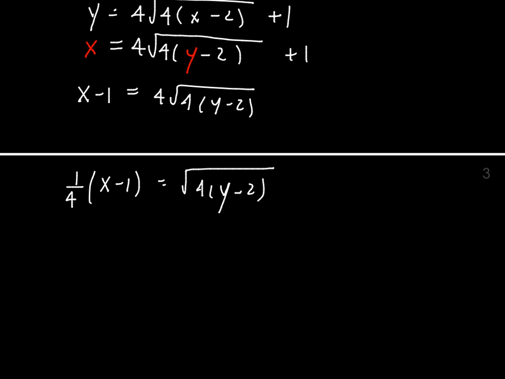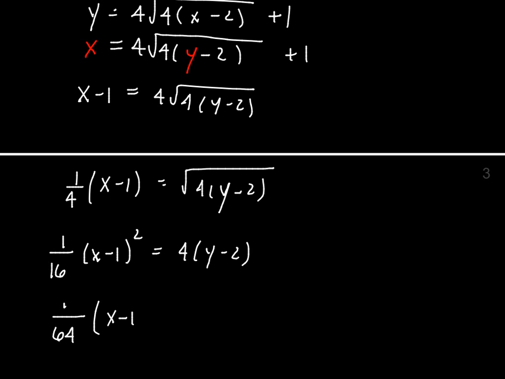Now I square both sides to get rid of the square root. What that gives me is 1 over 16 times x minus 1 squared equals 4y minus 2. I divide both sides by 4 to get rid of that 4. So this gives me 1 over 64 times x minus 1 squared equals y minus 2.